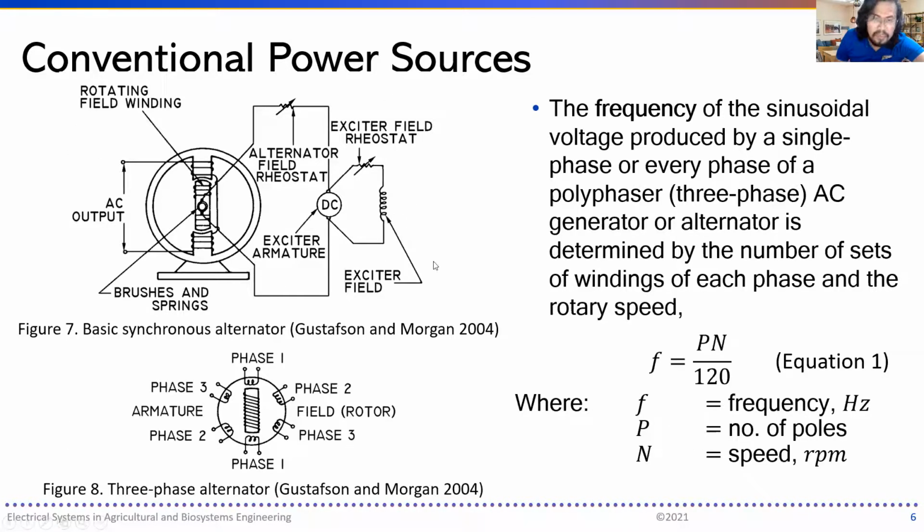Now, figure 7 is a representation of a basic synchronous alternator. This is the common alternator used in most power plants around the world.